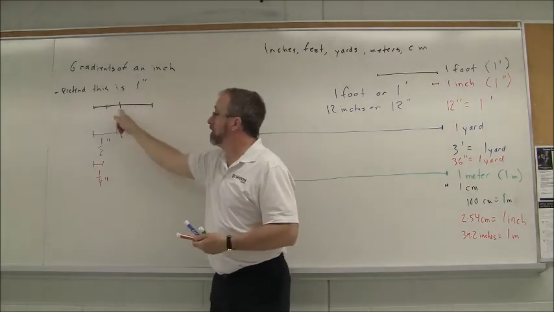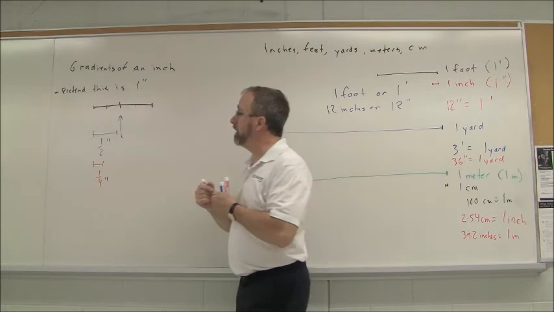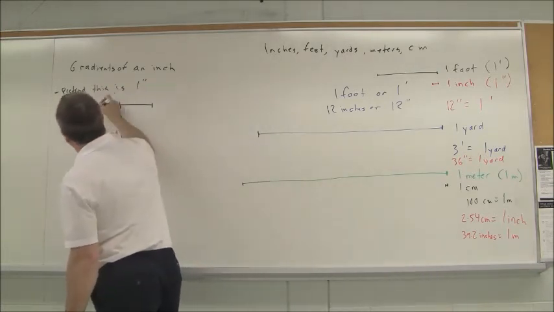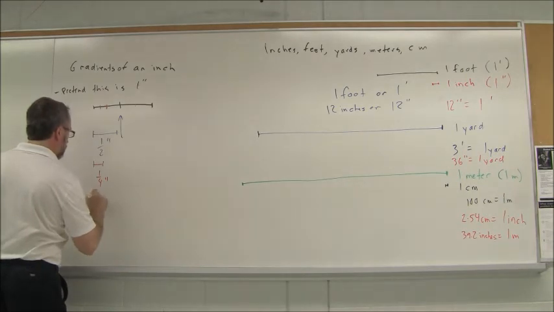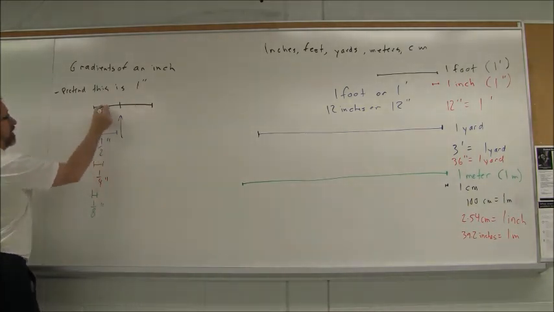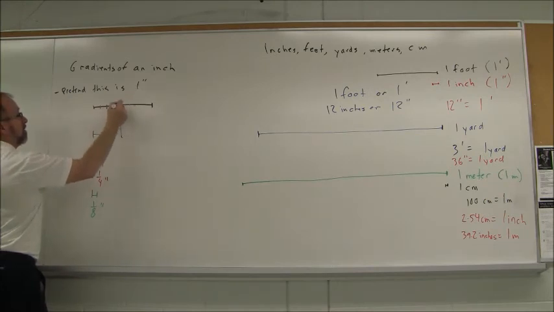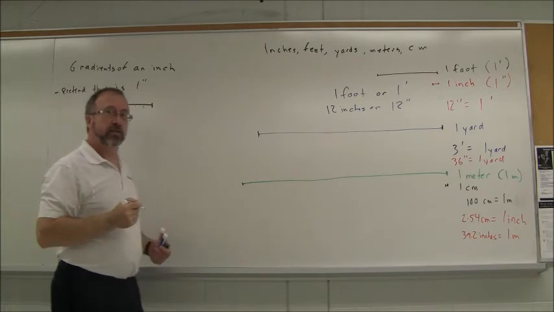Same as a 1/2, there are 2 halves in a complete inch. Then 1/8 of an inch would be 1/2 of a 1/4. And again, there'd be 1, 2, 3, 4, 5, 6, 7, 8/8 of an inch.